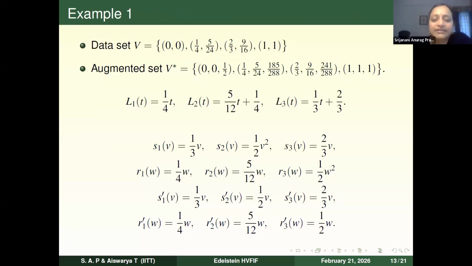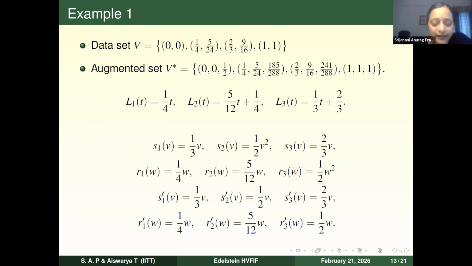And in the first two rows, I have taken S1 of v as v by 3, S2 of v as v square by 2, and S3 of v as 2 by 3 v, and R1, R2, R3 as taken. So these first two rows give me an iterated function system with Edelstein contraction.